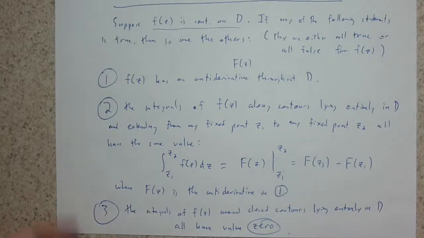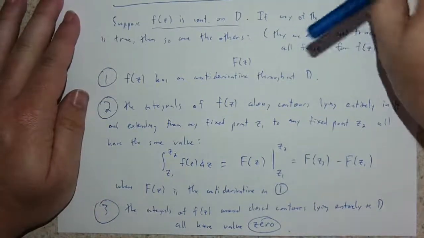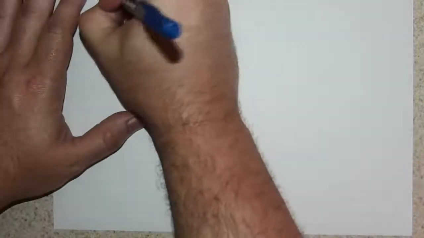In fact, what's so awesome about this is we don't have to use the definition of contour integral if we know that this thing has an antiderivative. So, quick example to use and abuse this.